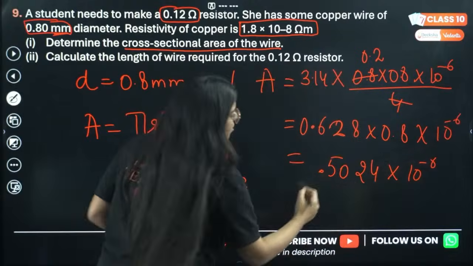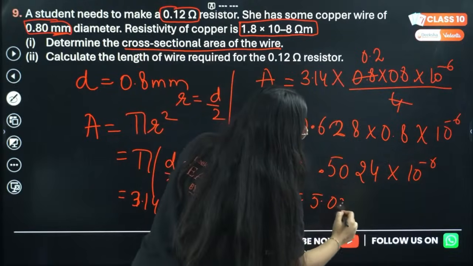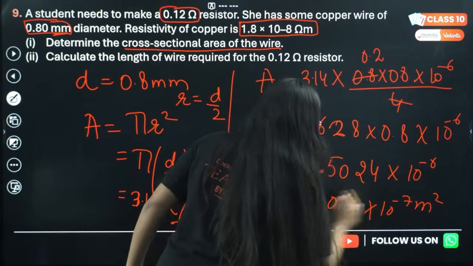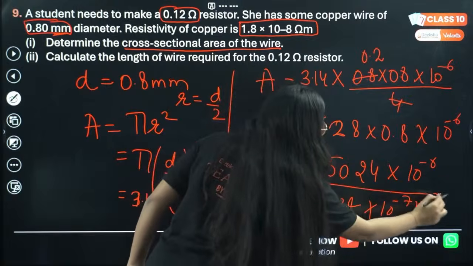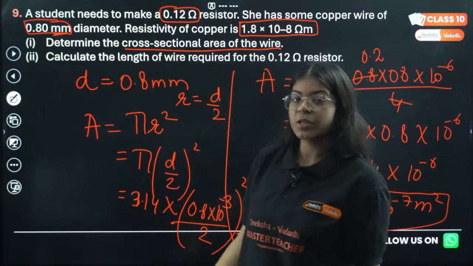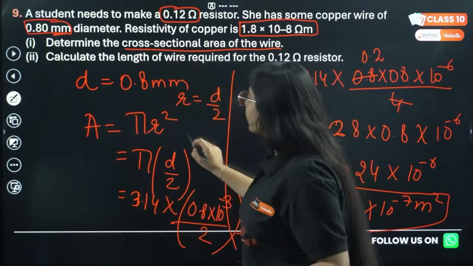And you can just shift this point: 5.024 into 10 raised to power minus 7 meter square. This will be my area of cross section. First part done. Did you understand the calculation? See, don't just leave your question here.